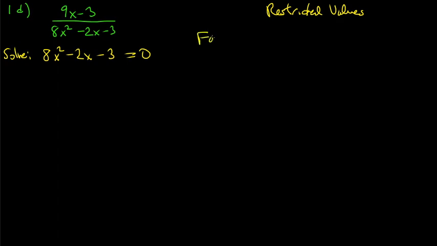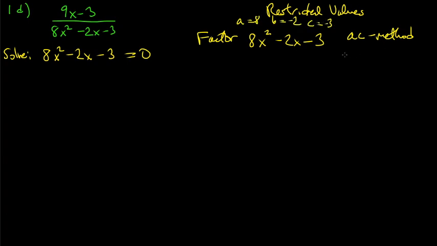So again, we have to factor the left side, 8x squared minus 2x minus 3. And this time I'm not going to use the shortcut because it might take a while to figure that out. So I'm just going to go ahead and use the AC method, as I probably should have in the previous one. So here, A is 8, B is negative 2, and C is negative 3.